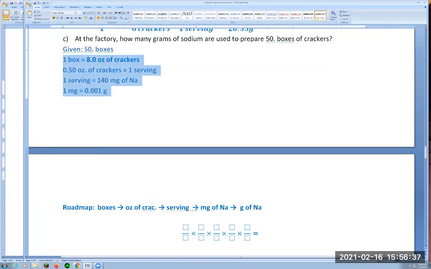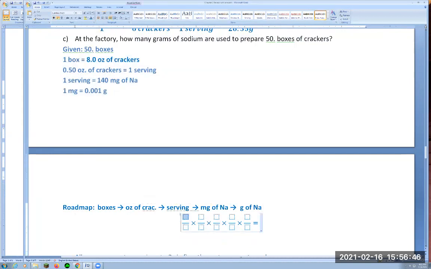We can start and write the full calculation. You always start the calculation with the given amount, and here it's 50 boxes. So you put 50 in the numerator, and that's boxes of crackers, and nothing in the denominator. Always put the given amount in the numerator.